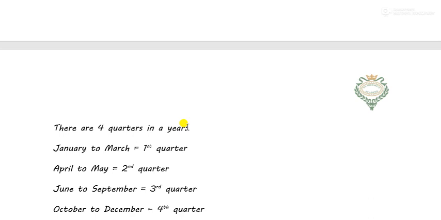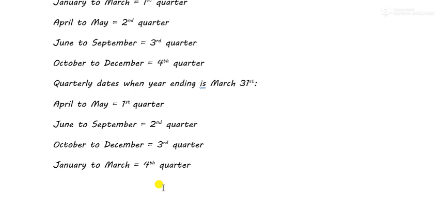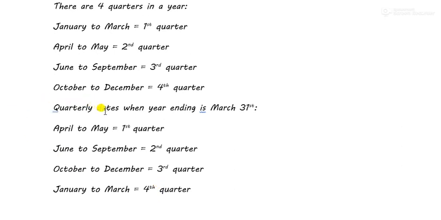There are 4 quarters, and January to March will be the first, April to June second quarter, July to September third, and October to December fourth quarter.